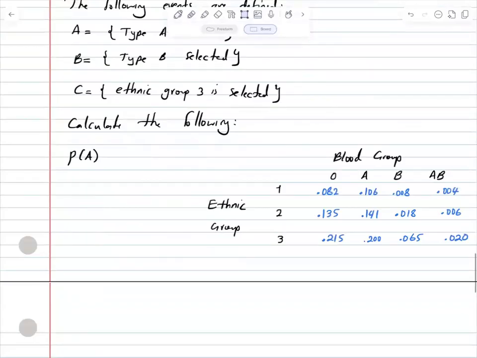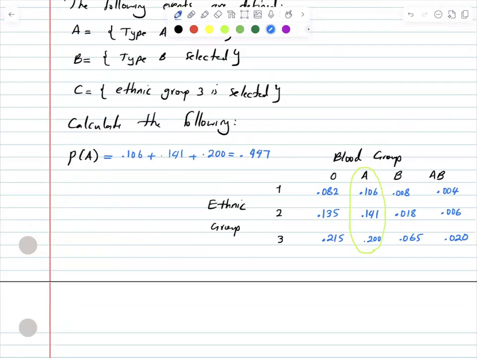So to calculate probability of A, we look at event A, which is type A is selected. Here you have a column for blood type A. So in order to calculate the probability of event A, you basically need to add all of these numbers together. 0.106 plus 0.141 plus 0.200, which is about 44.7%, or about 45%.